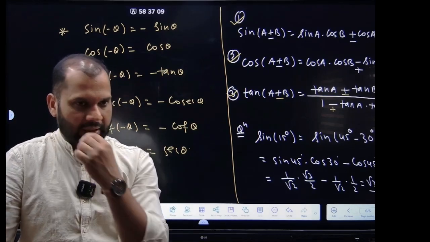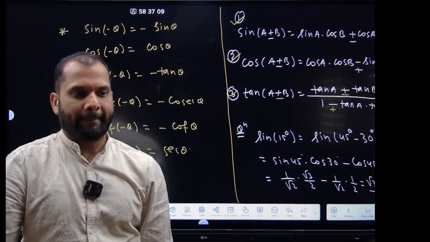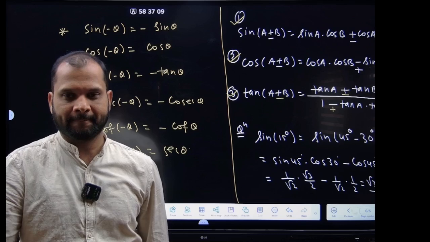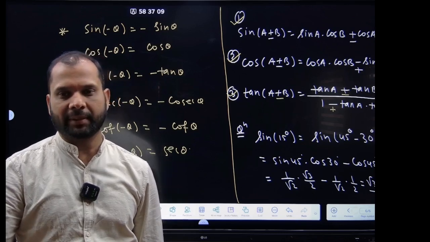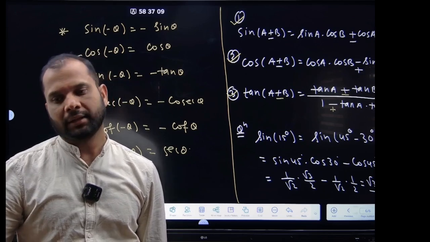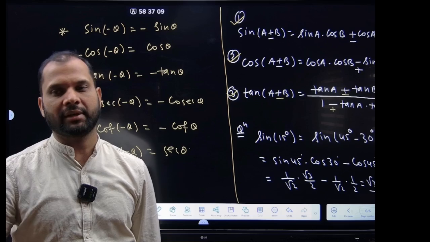I hope you are getting it. Is there any confusion? This is called compound angle, addition of two, subtraction of two of the angles. In sin also we have, in cos also we have, in tan also we have.